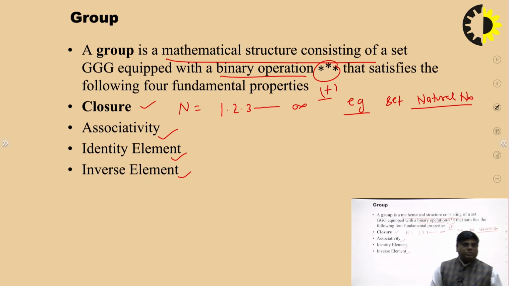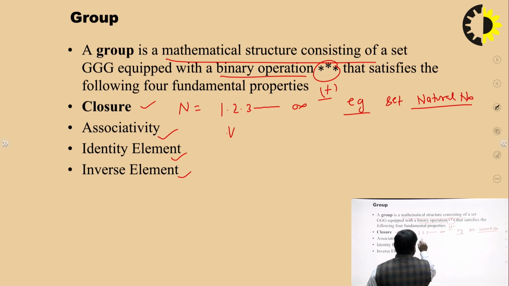What is the closure property? If we pick any two elements from the natural numbers and we apply the binary operation on these two numbers, and the result of the operation also belongs to the natural numbers, then we can say that this mathematical structure follows the closure property.